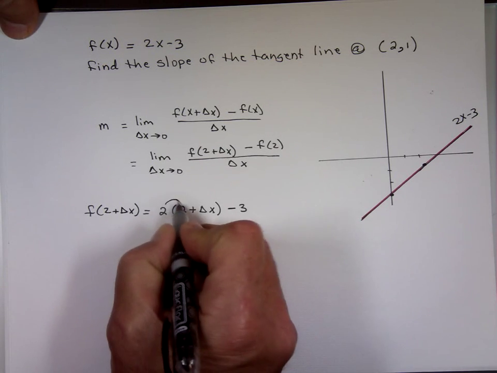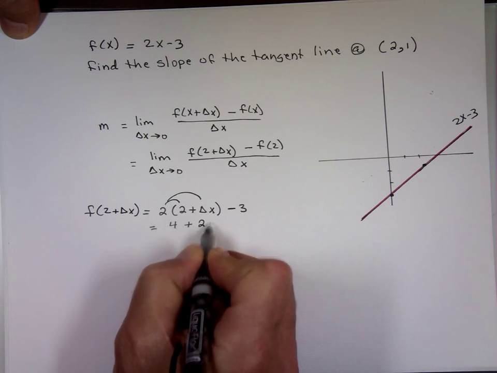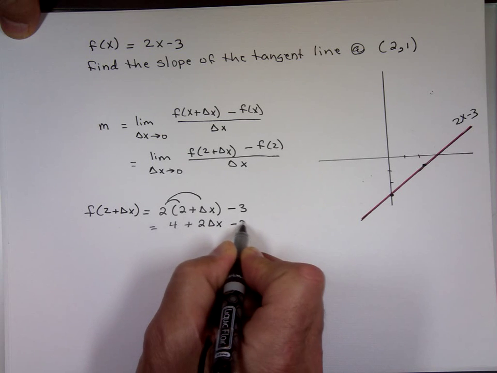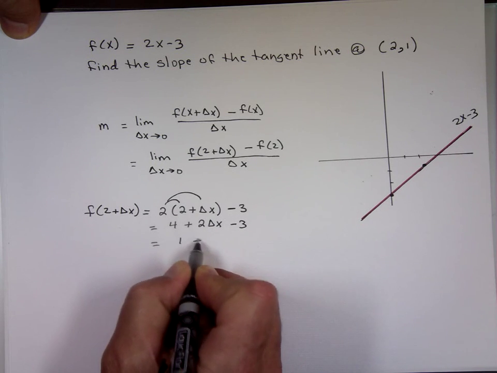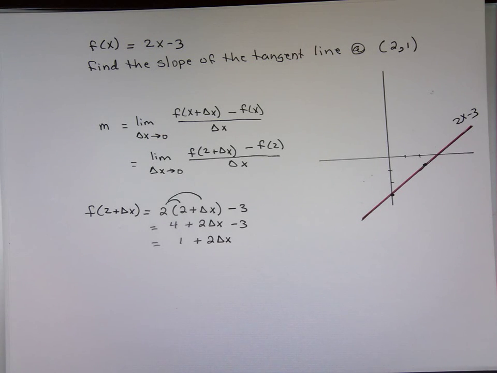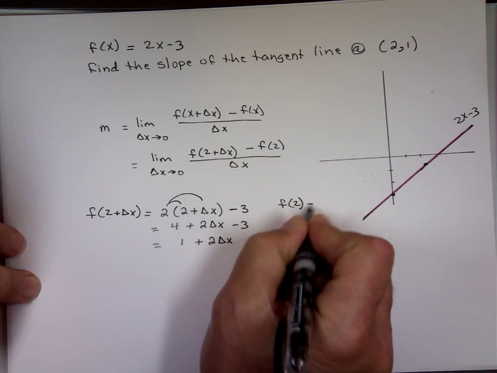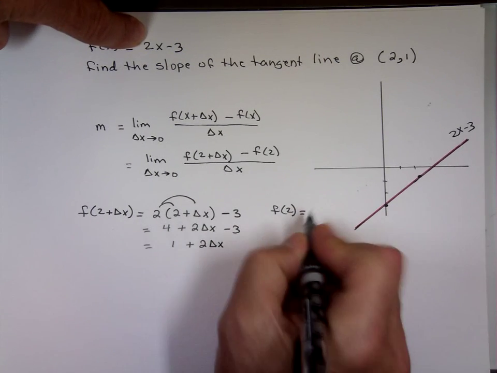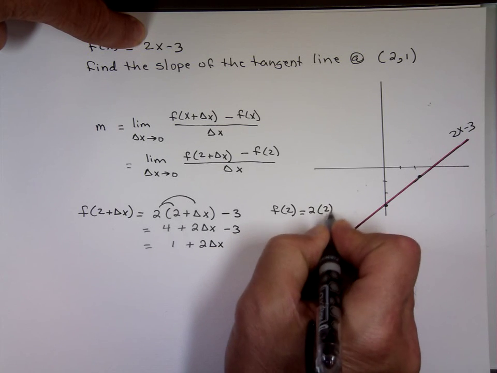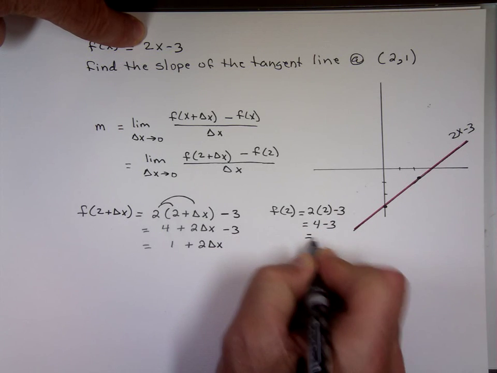Distribute that, and you will have what? 4 plus 2 delta x minus 3. And what do we have? 1 plus 2 delta x. What is f of 2? Go to the f function, replace x with 2. 4 minus 3, which is what? 1.